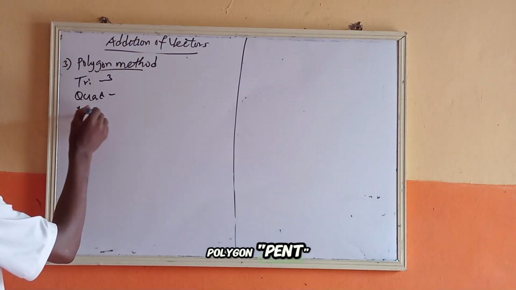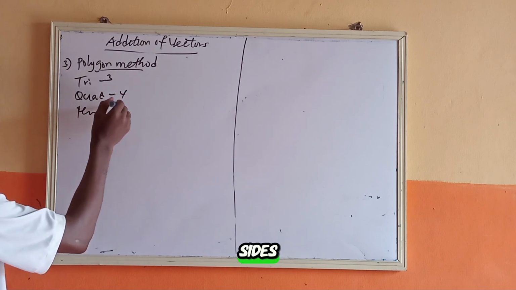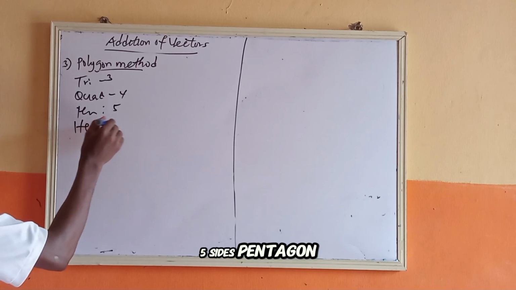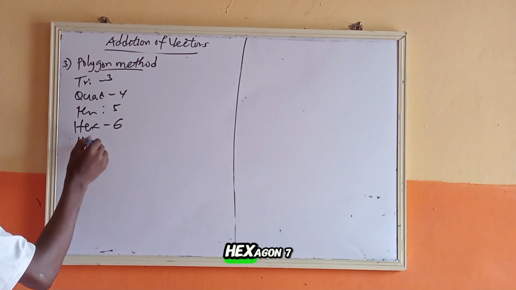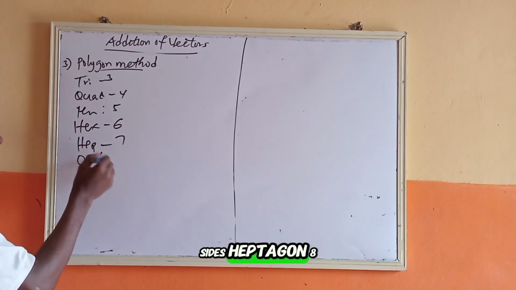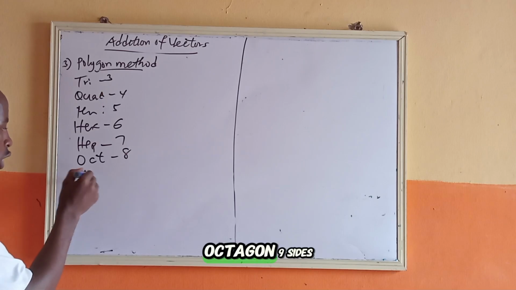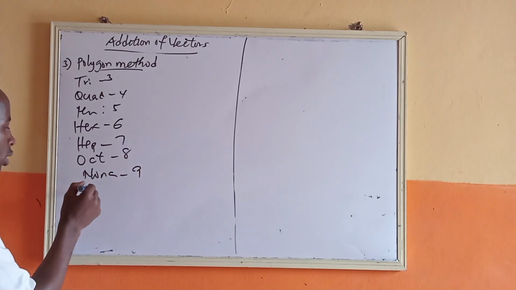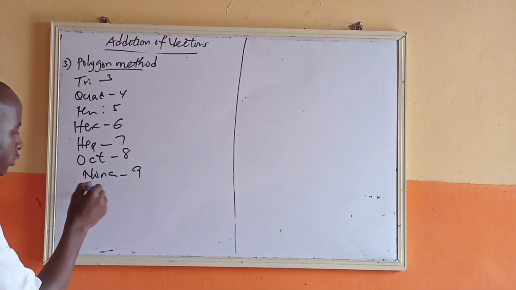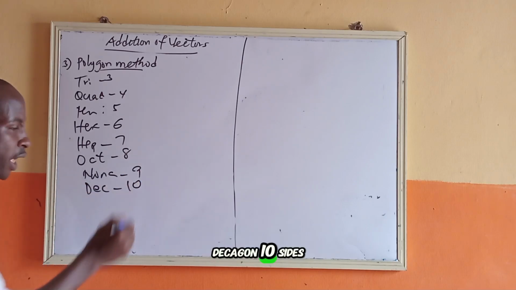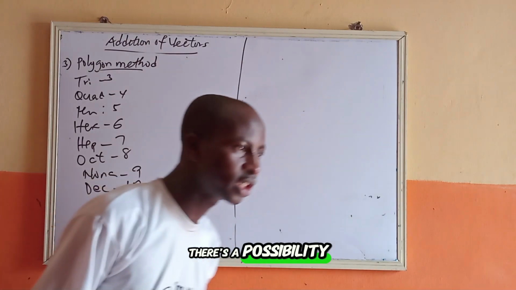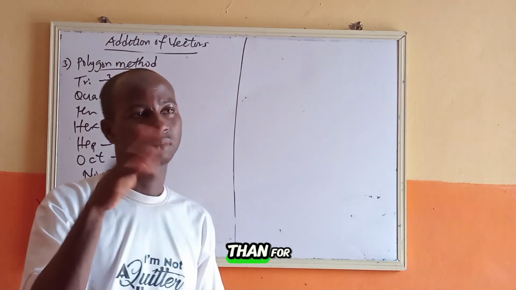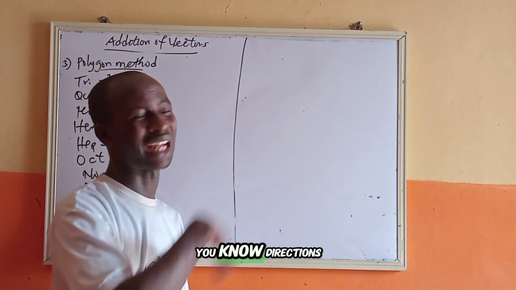Pent means five sides, pentagon. Hex, six sides. Hept, seven sides. Oct, eight sides. Non, nine sides. Dec, decagon, 10 sides.